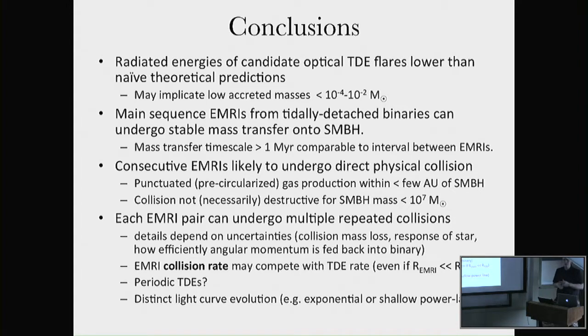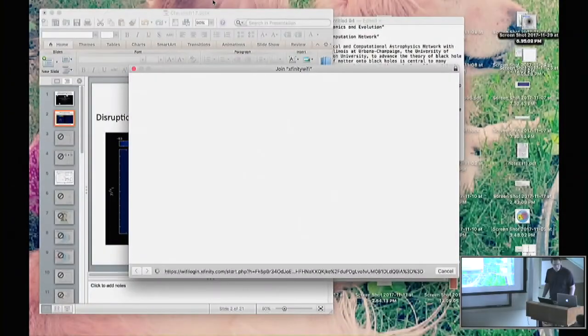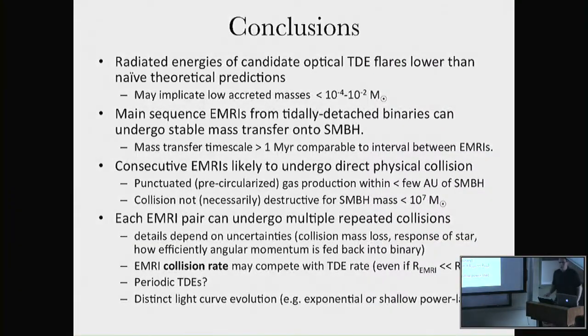So I think giants have really been the focus of a lot of these, like James's work and stuff. You seem to focus on main sequence stars. Is there a reason why you focus on main sequence as opposed to, say, giants? Well, giant stars would overflow, I guess, at much larger radii.